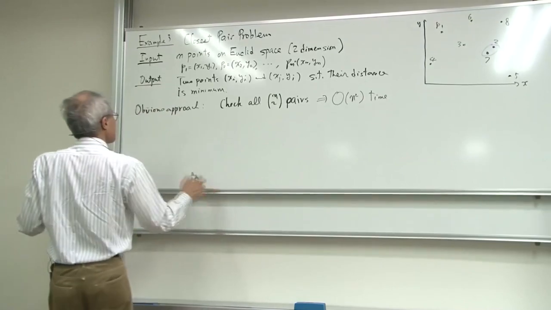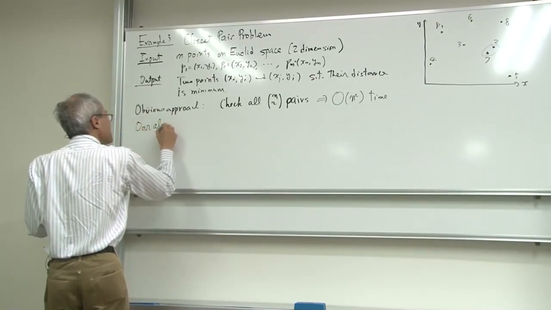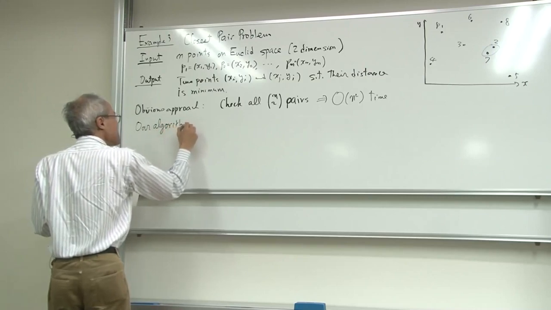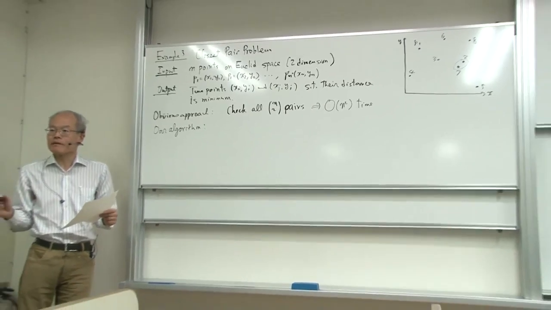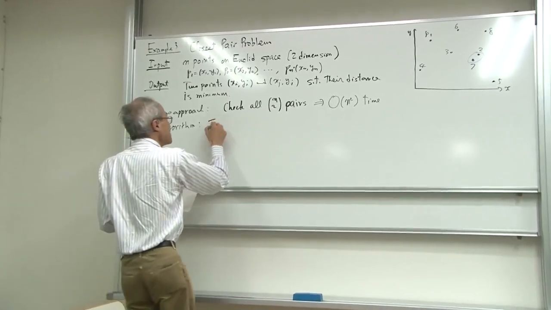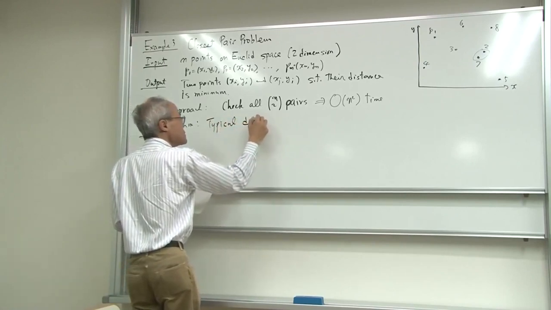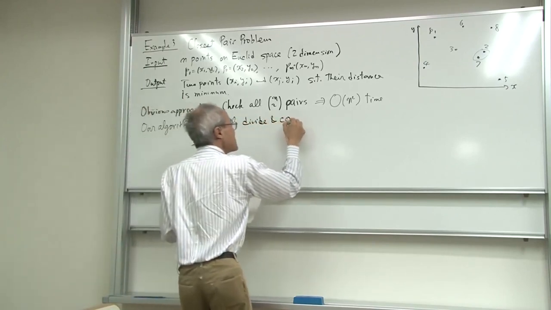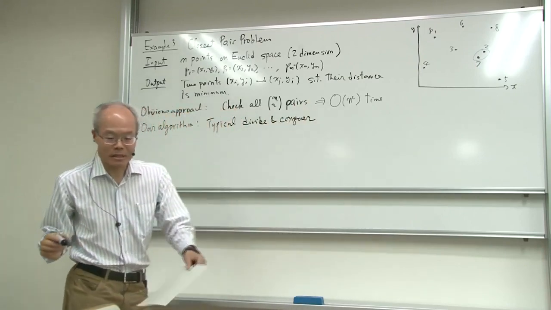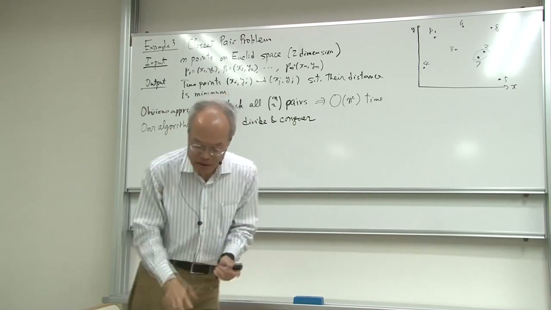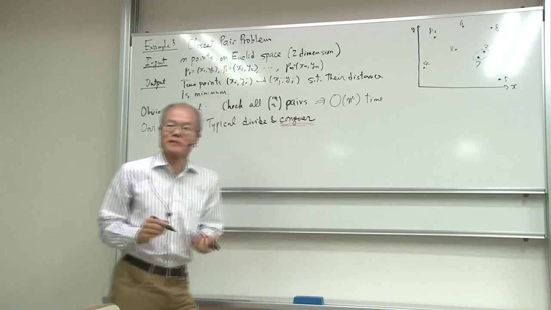So our algorithm is as follows, which is a typical divide and conquer. This example is very important because in this example, the conquer part is important.